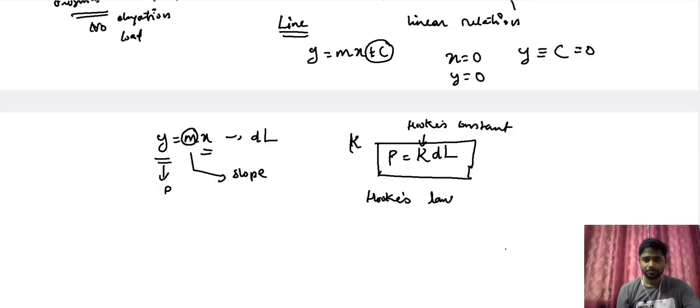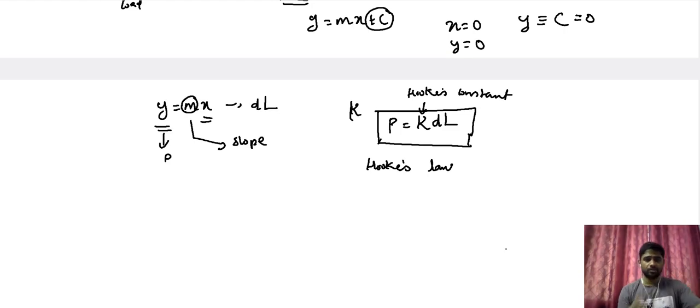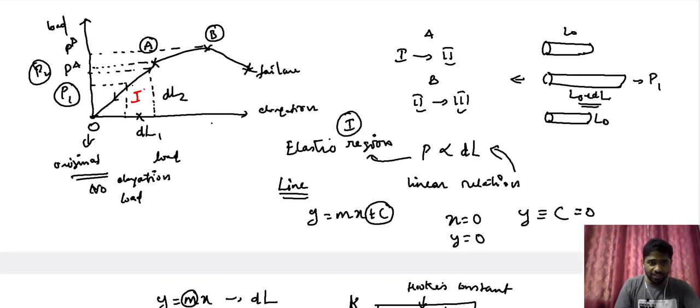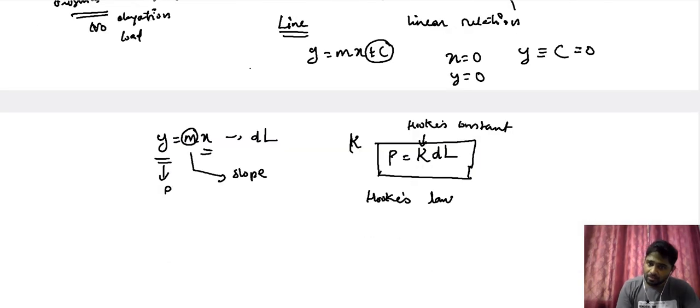And we have seen that this particular trend is generally observed in metals and alloys, and there are also materials that do not belong to this category of metals and alloys that exhibit elastic behavior, wherein in the initial stages the load is linearly proportional to the elongation.